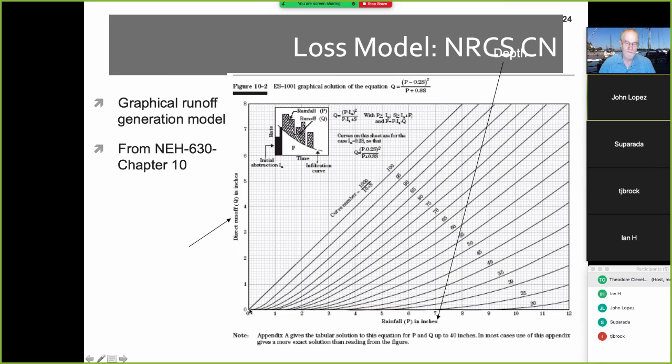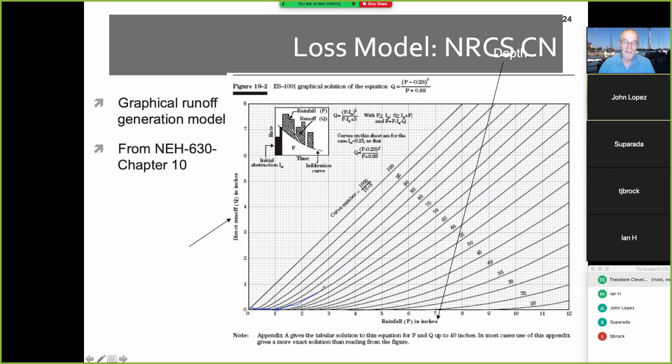At the beginning of a rainfall event, a watershed that has an average curve number of 75, for the first inch of rainfall, doesn't produce very much runoff.